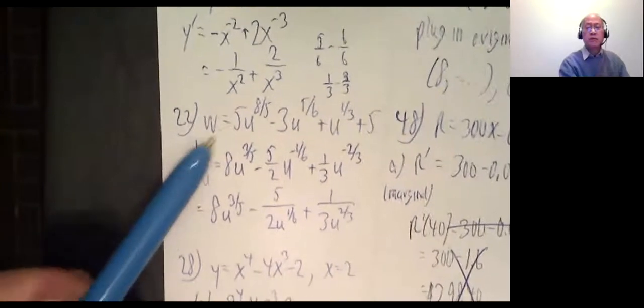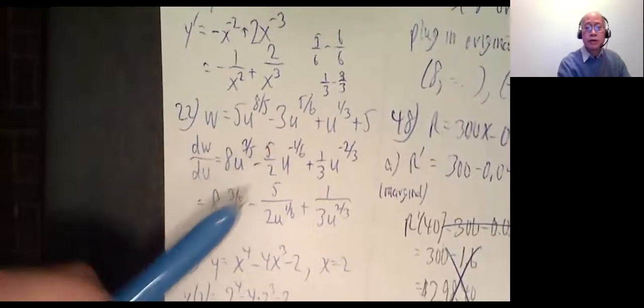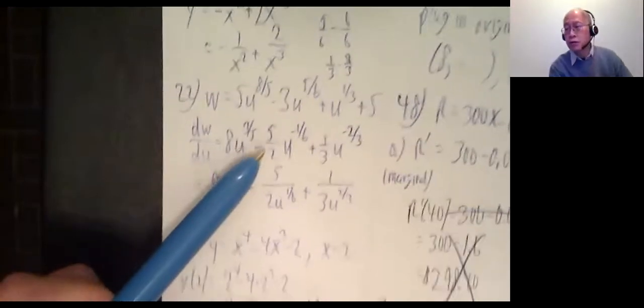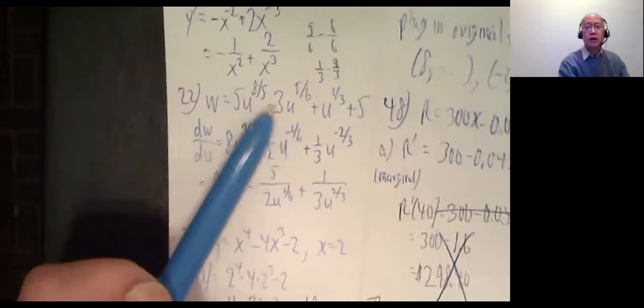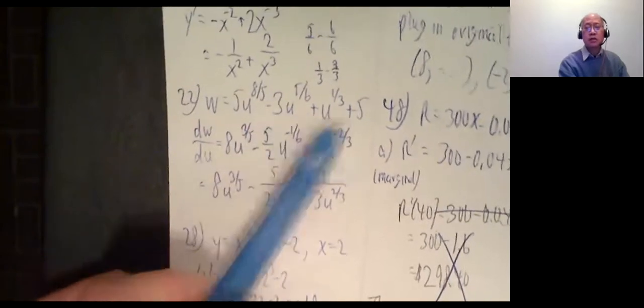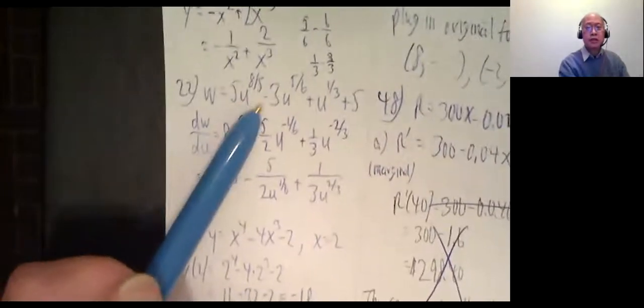Okay, 22 has some pretty weird fractions. So we'll just go down the line. You just have to remember how to do your arithmetic essentially with fractions. So w is 5u to the 8/5 minus 3u to the 5/6 plus u to the 1/3 plus 5. So how do you take the derivative of the whole thing? Just give me the derivative of this minus the derivative of this plus the derivative of this plus the derivative of this.